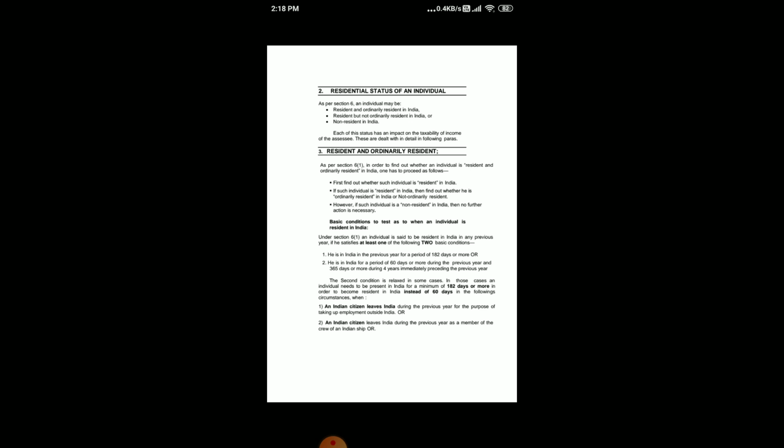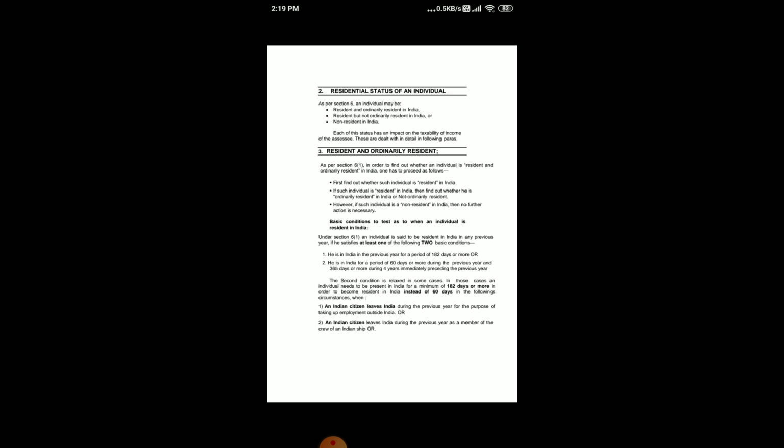If the first basic condition is not satisfied, then we have to check the second basic condition. That is, he is in India for a period of 60 days or more in the previous year, and he was in India for a period of 365 days or more during the 4 preceding previous years, right?